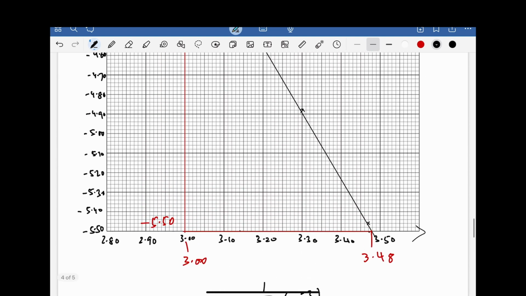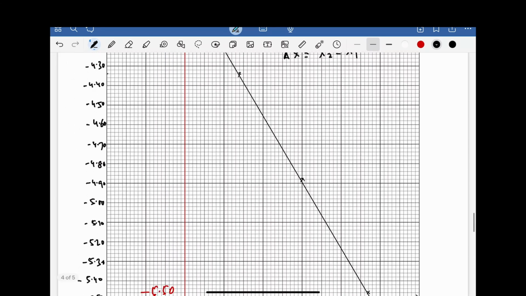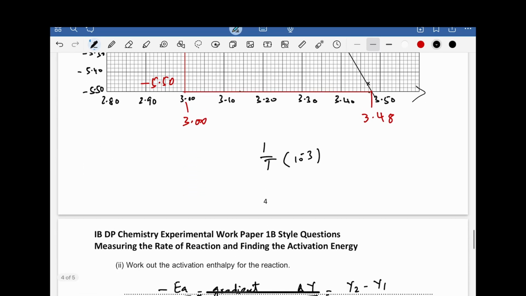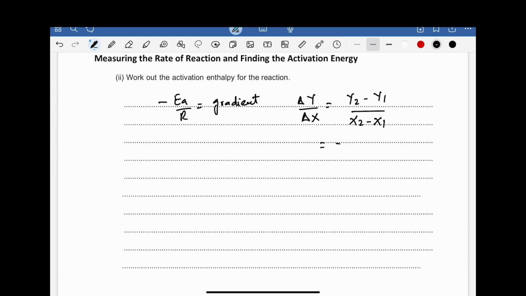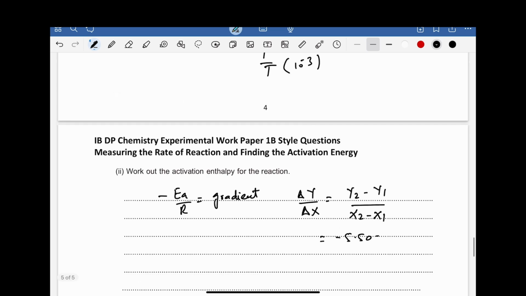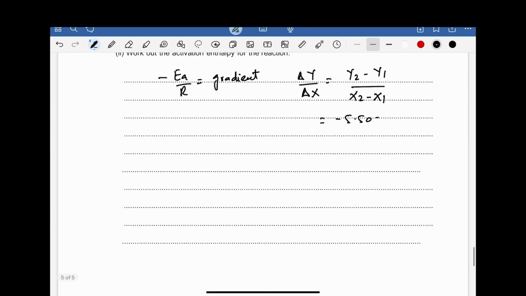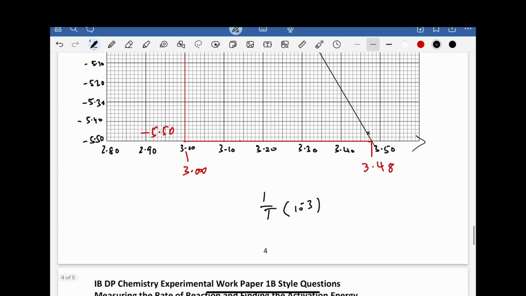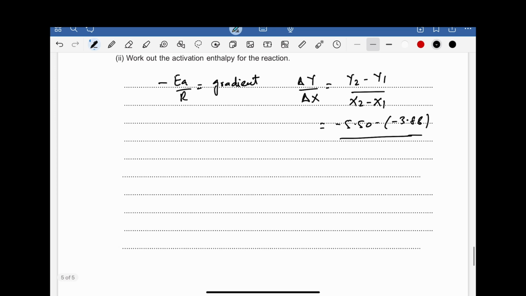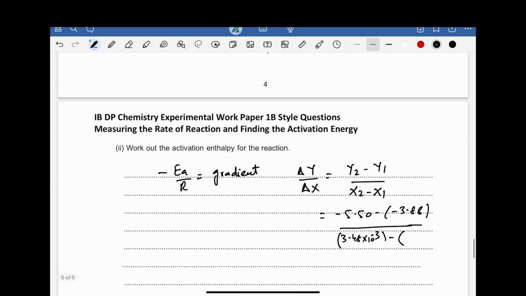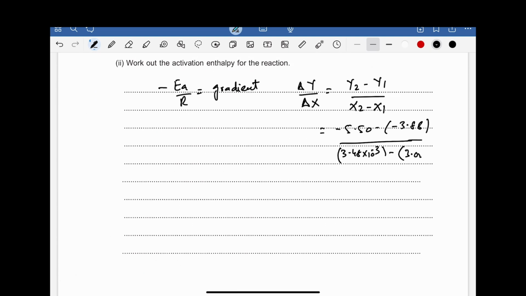If we go back and look at the graph, y2 is equal to minus 5.50, and y1 is equal to minus 3.88, and x2 is equal to 3.48 times 10 to the power minus 3, minus 3.00 times 10 to the power minus 3.